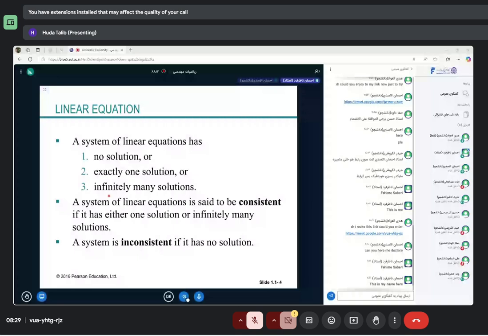So let's go through one example. For instance, this is a set of 3 linear equations: x1 minus 2x2 plus x3 equals 0, and the others. The corresponding matrix is called the coefficient matrix.